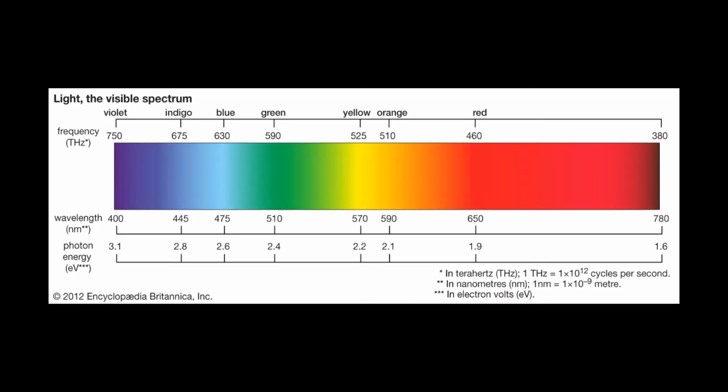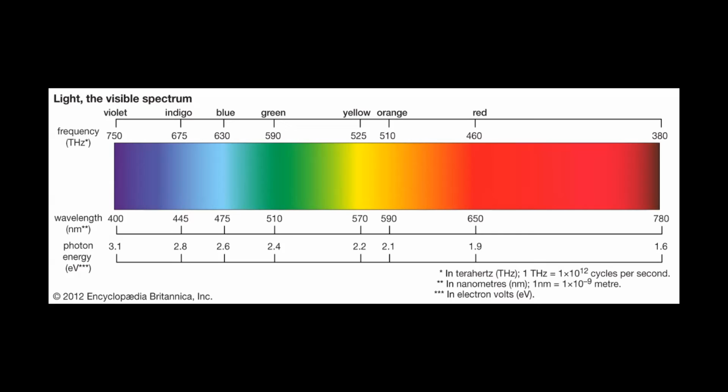If you look at the visible light spectrum, you go from violet on the left all the way to red on the right. And if you notice right away, there are certain ranges that are bigger and certain ranges that are smaller. The largest in that spectrum is red, which has something like a range of 80 terahertz.